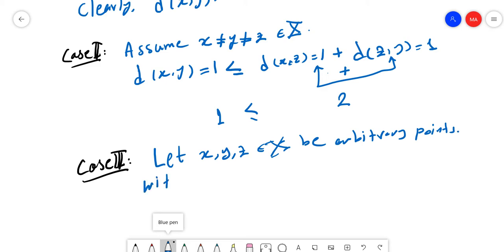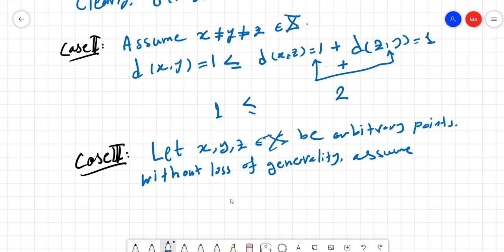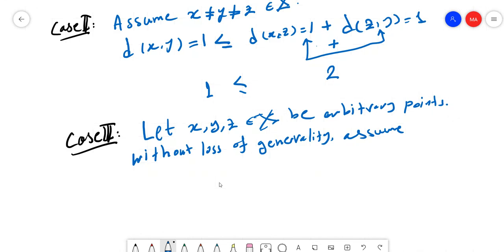Without loss of generality, assume that we have two equal points, say x equal to y, but not to z.